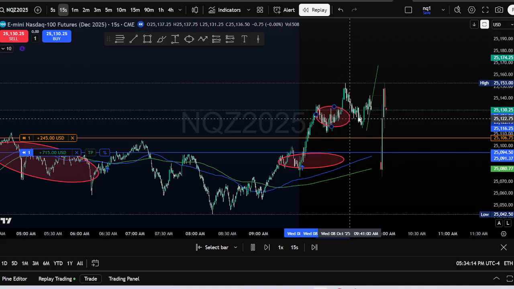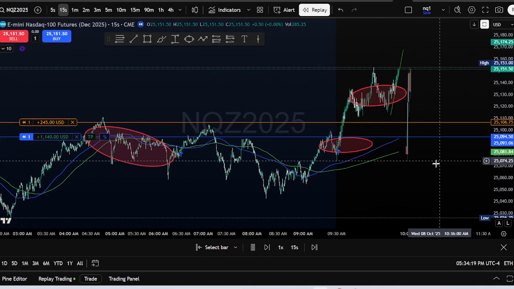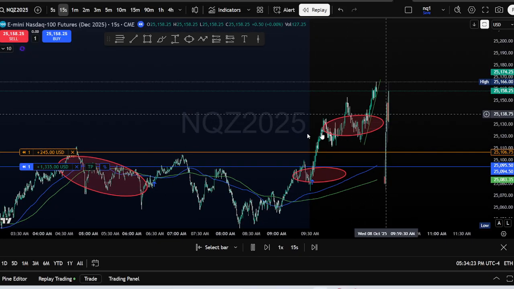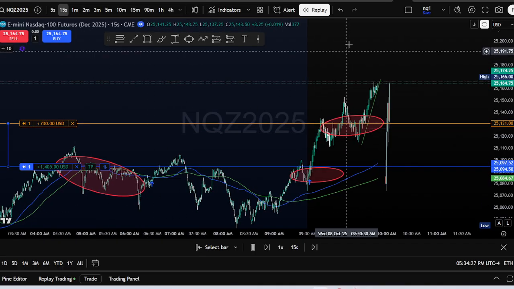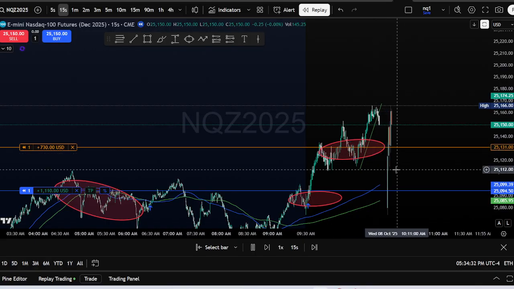And then it's just making it bigger right now. So while I'm in stuff like this, I just trail my stop. As long as we keep making consolidation like that, I'm going to stay in the trade and I'm just going to keep trailing my stop until I get to something that tells me that I'm wrong.